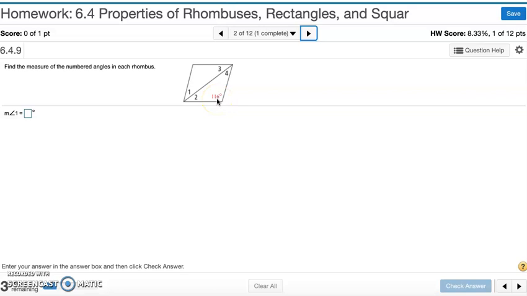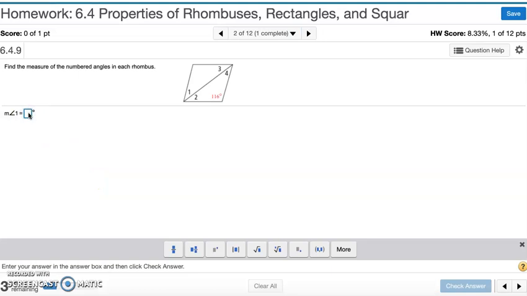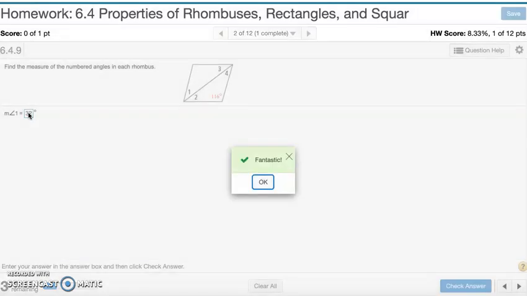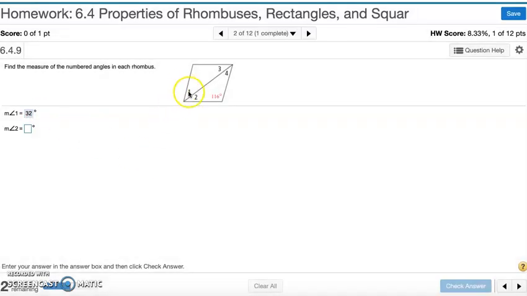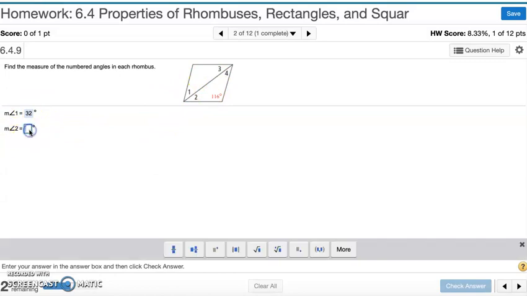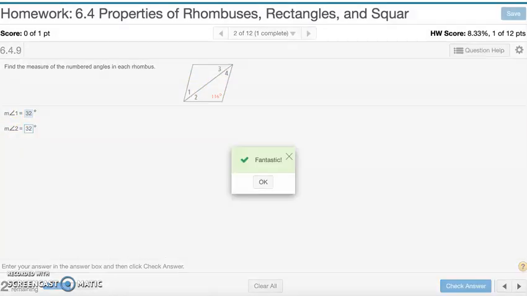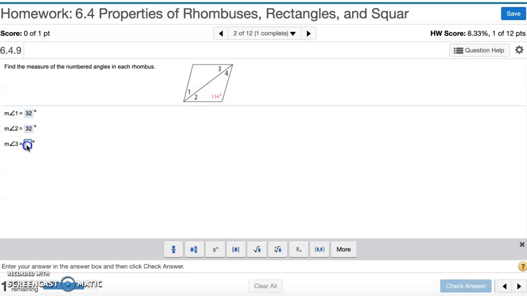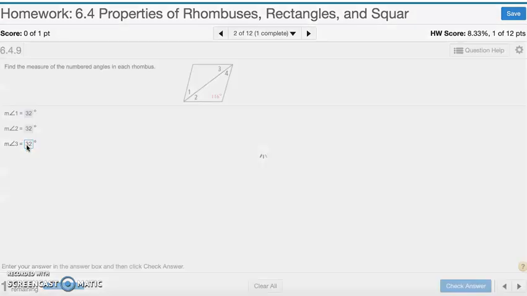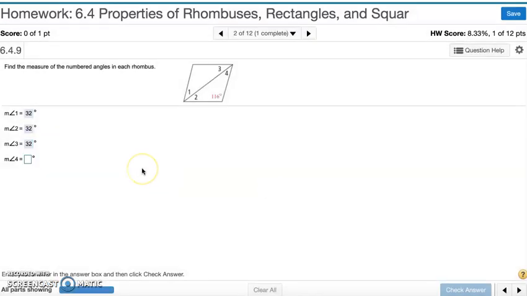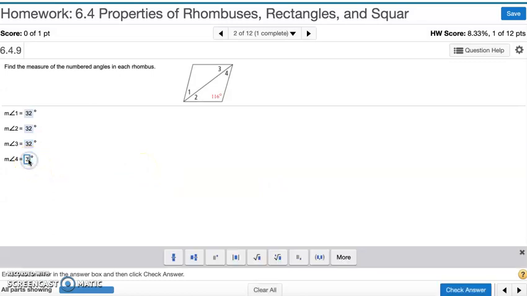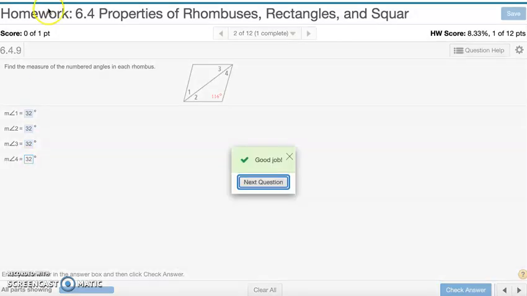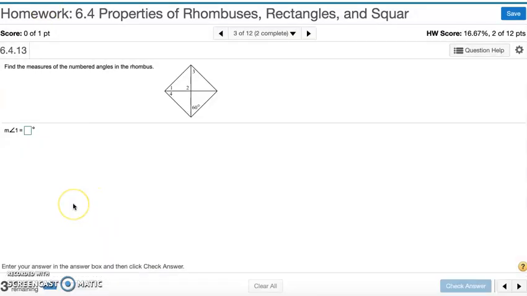So subtract 116 from 180 and divide by 2 to find out what angles 2 and 4 are. Doing that gives me 32. And since all 4 of these angles are the same, they're all going to be 32. And that's number 2. Number 3.